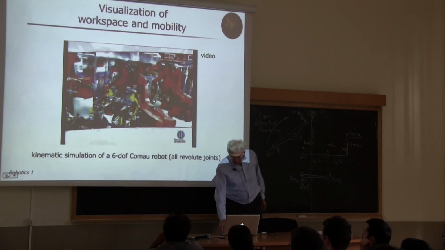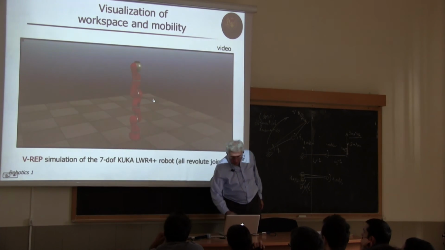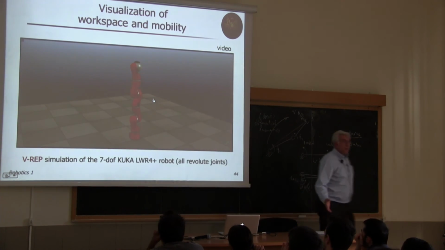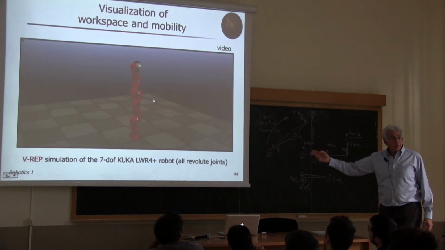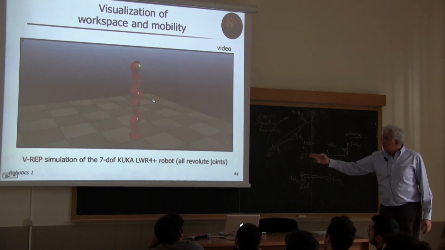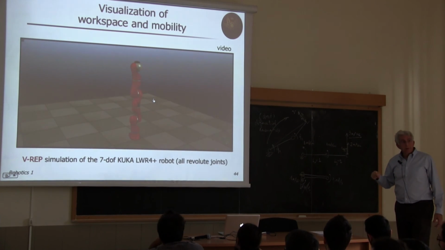Or you can use, I found this on the web, I don't remember even where. Well, we did this using the freeware software VREP. And this is the KUKA that we have in the lab.